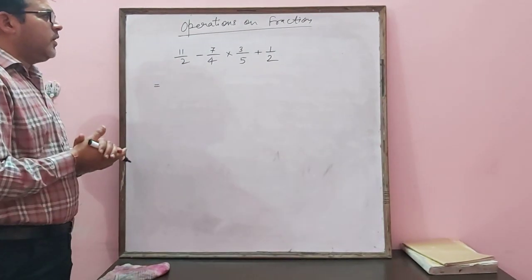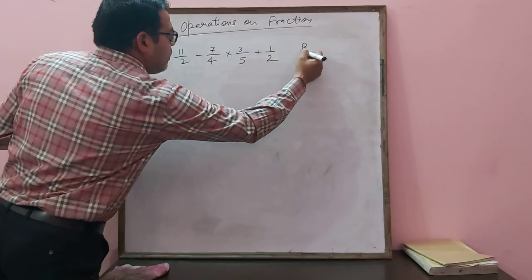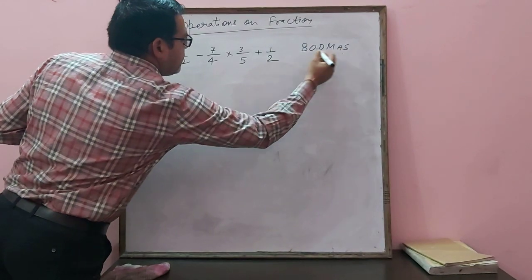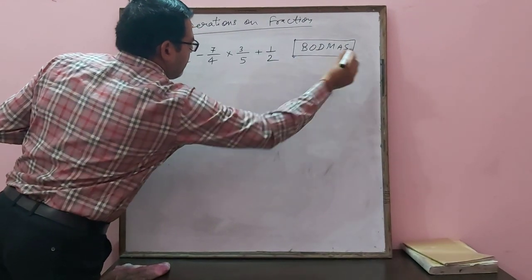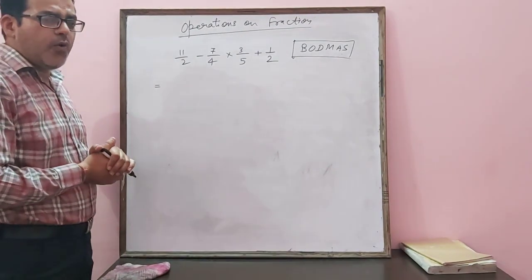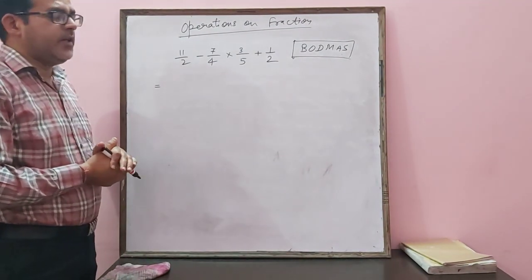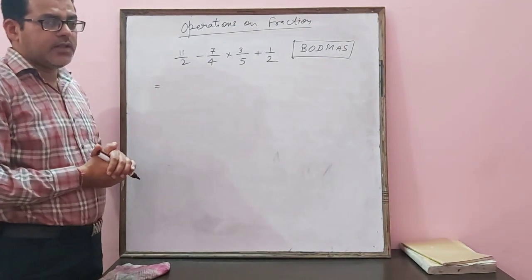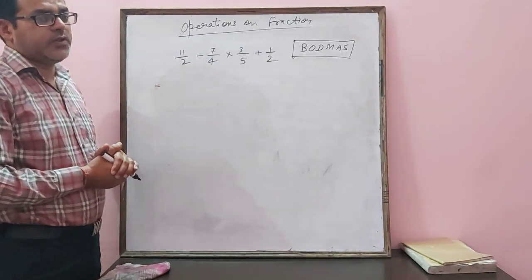To solve this one you must know the BODMAS rule. This is a very basic rule of mathematics. B for bracket, O for of, D for division, M for multiplication, A for addition and S for subtraction.